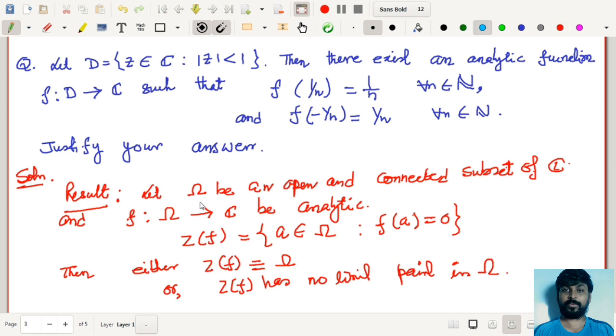The result is: omega is a domain and f is an analytic function defined on the domain, and ZF is the zero set of f. Then either the zero set is the whole domain omega or the zero set has no limit point in omega. And we will use this result to prove the given problem.